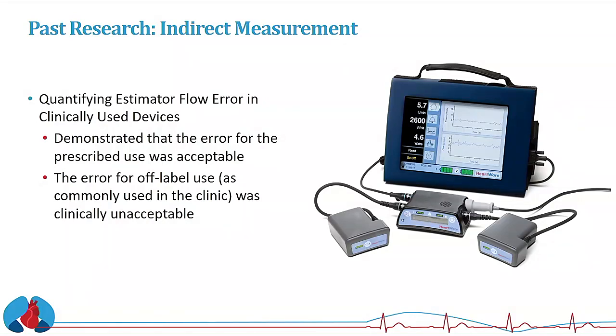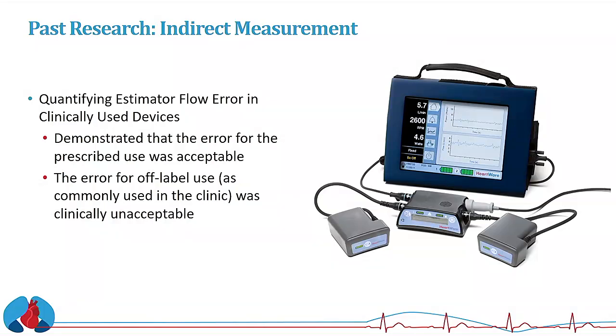So we looked at how this flow estimator works when the VAD is switched from the left side to the right side. We found that the flow estimator, when it's used normally, was really, really good. And then when you put it in the right side, it was completely useless. This was important because, as far as doctors are concerned, this is a sensor.